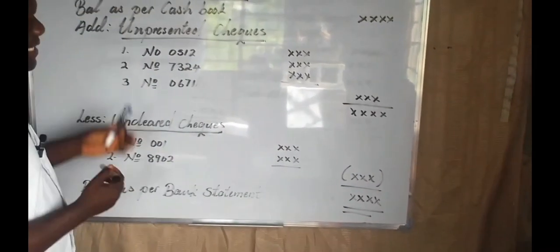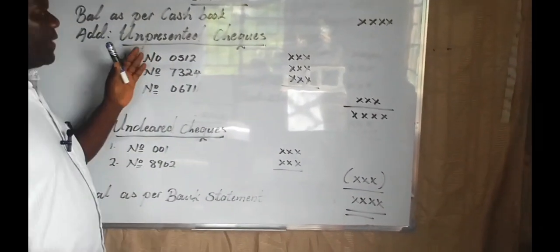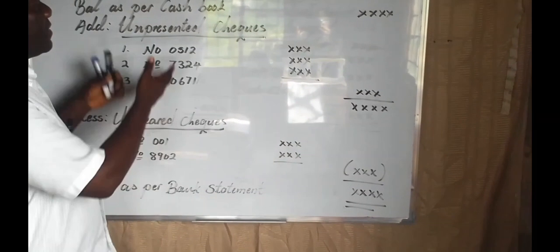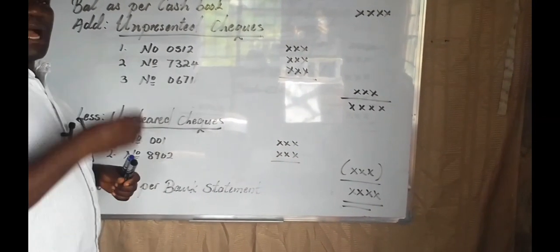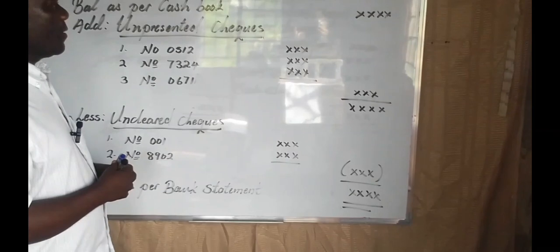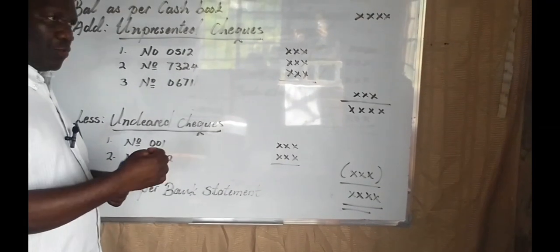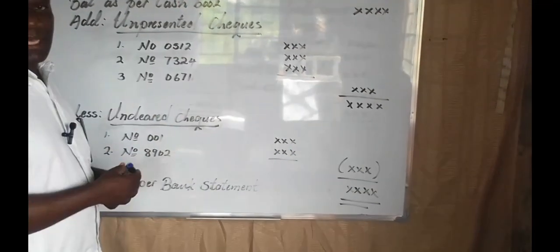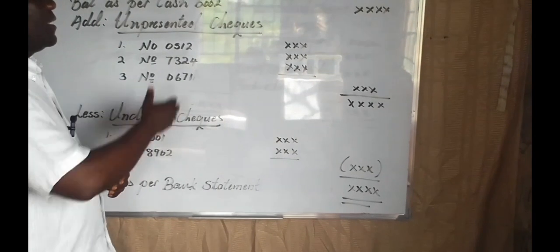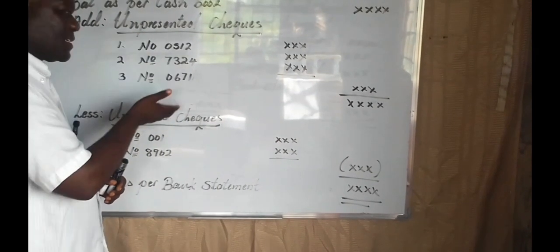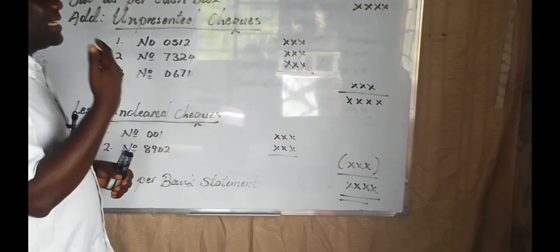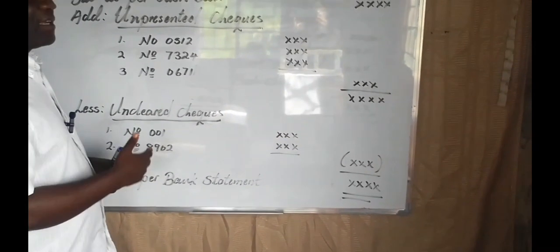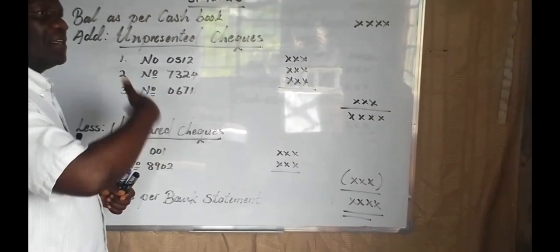Then the unpresented checks. Why do we add the unpresented checks to the cash book? It's because these unpresented checks are coming from your company. Okay? It's you that prepared these checks and paid your suppliers. But your suppliers, the three suppliers here, have not yet taken these checks to the bank so that money can be transferred from your account to their account.